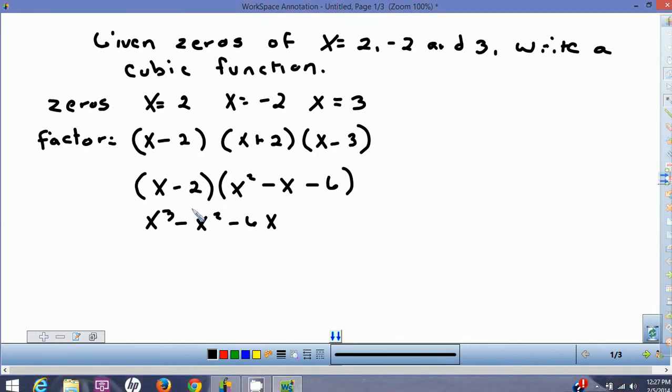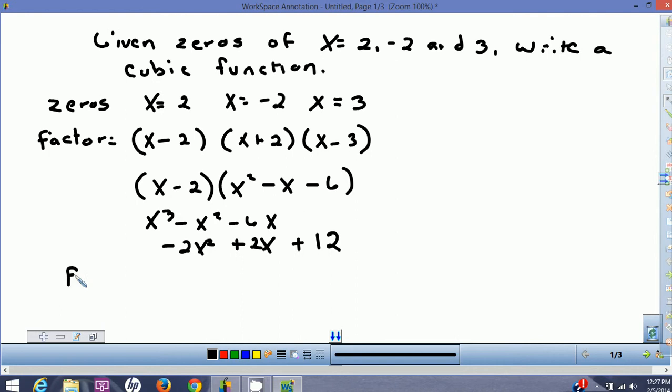And then multiply negative 2 by everything in the parentheses. Negative 2 times x squared is negative 2x squared. I write them underneath just to make them easier to add together. Negative 2 times negative x is plus 2x. And negative 2 times negative 6 is plus 12.